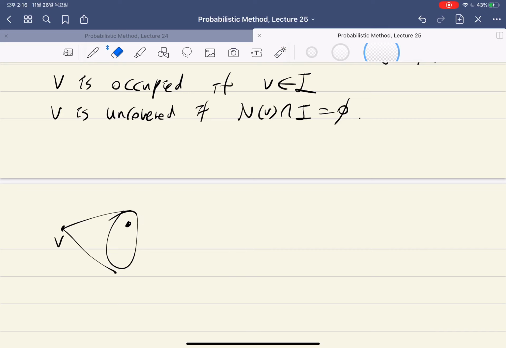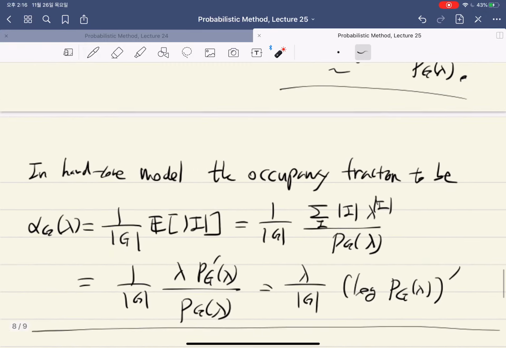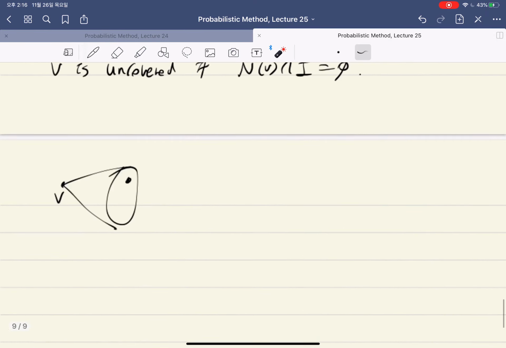But if none of these are there, then B might be there and might not be there. But the probability of B being in the independent set or not, assuming none of its neighbors are occupied, can be somewhat measured from the definition of this hardcore model.